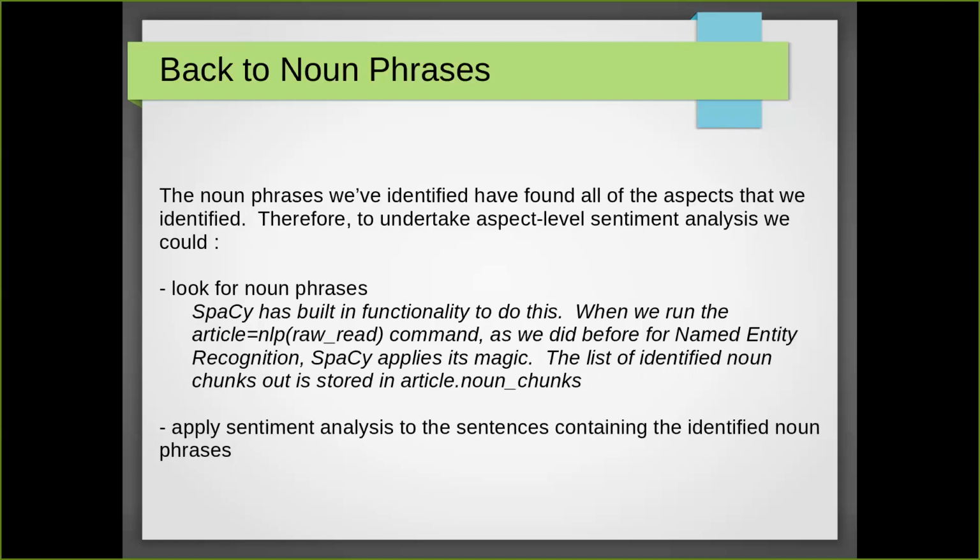Now, we can look for noun phrases really easily because spaCy has built-in functionality to do this. When we run, as we saw on Tuesday, article equals nlp and then we stuff in our raw text, as well as doing all the named entity recognition for us, it's doing lots of other stuff in the background as well.